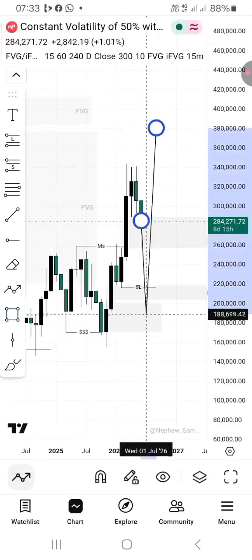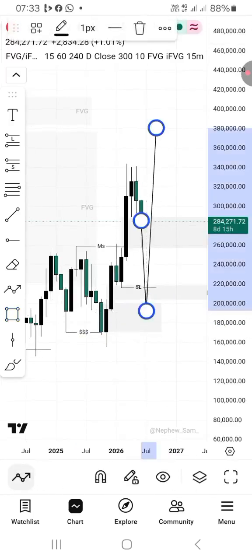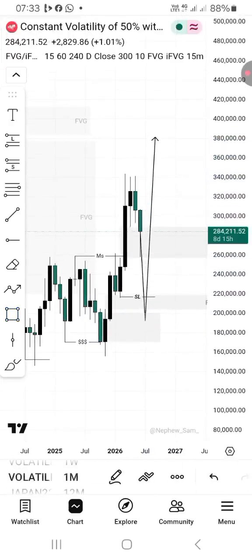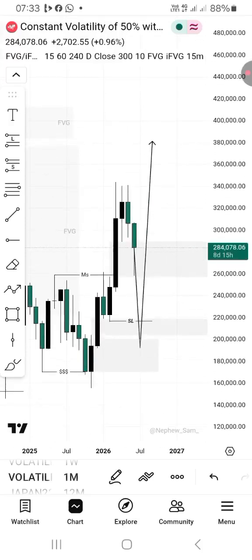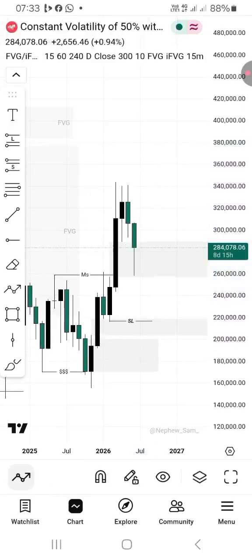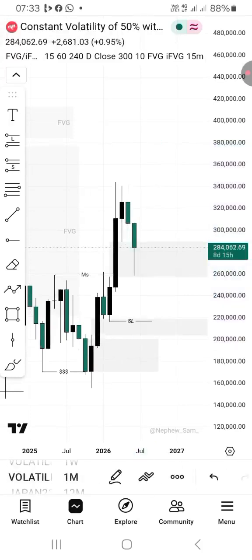So basically we want to see price return into that order block and we push higher, isn't it? The same thing that happened here. All these things are just repeating themselves, like a pattern in the market.